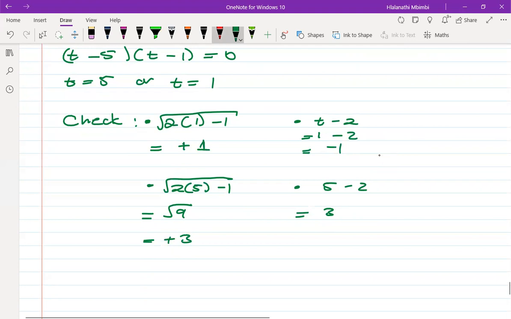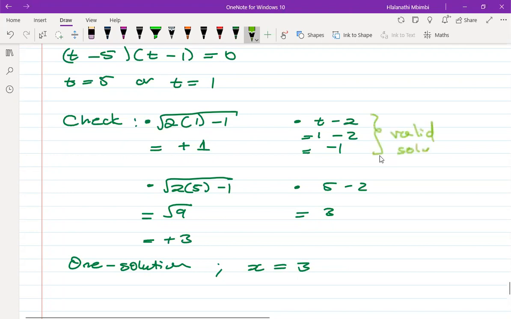Therefore, that leaves this particular question with just one solution, which is x is equal to 3. The other one is not a valid solution. Right? Are we happy? Yes, sir.